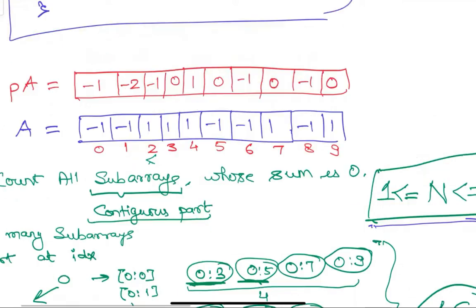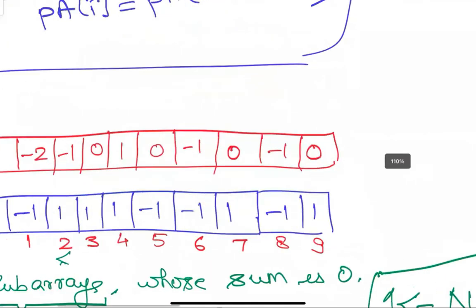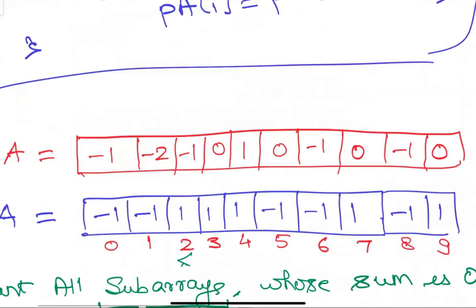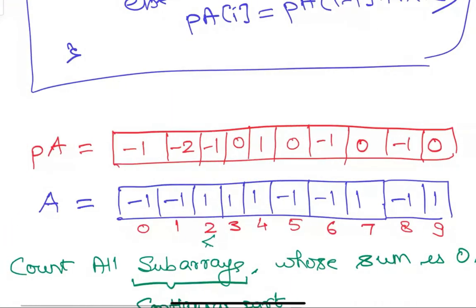Okay, so we have to make certain observations on the prefix sum array and see if we can really now count the subarrays whose sum is 0. Now, if I ask you a question, wherever you see a 0 value, what can we conclude from that? We already got 4 subarrays.